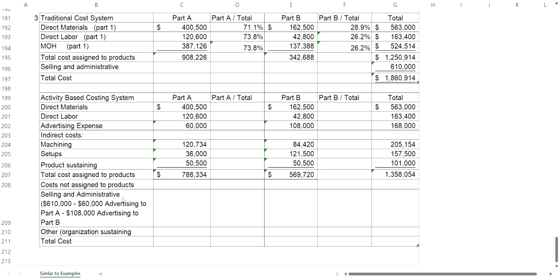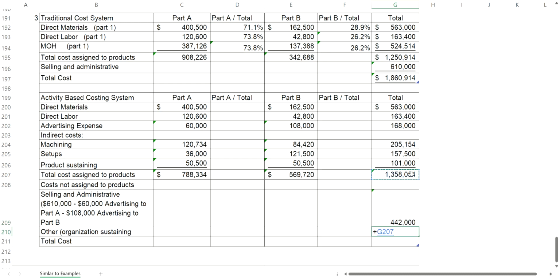Now, for the other selling and administrative expenses, remember when we did the traditional, we just took out the entire 610. But with the ABC, we already allocated 60,000 of the advertising to Part A and 108 to Part B. So if I take that 610 minus the 60 minus the 108, that leaves me a common selling and administrative of $442,000.